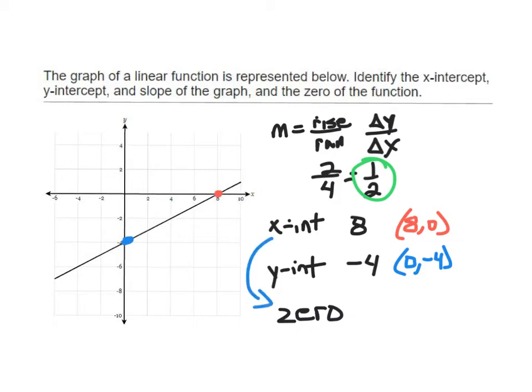When we plug in an 8 to this function, or when our x value, our domain, is 8, our range or our output is 0. So the zero of this function is 8. All right, 8. Or again, as a coordinate, it is 8, 0.